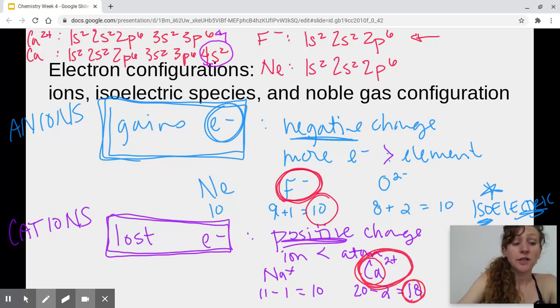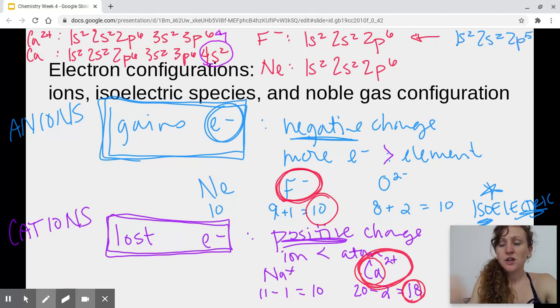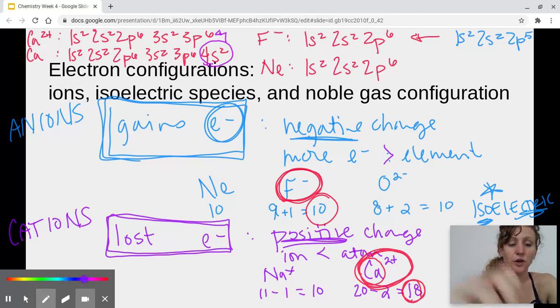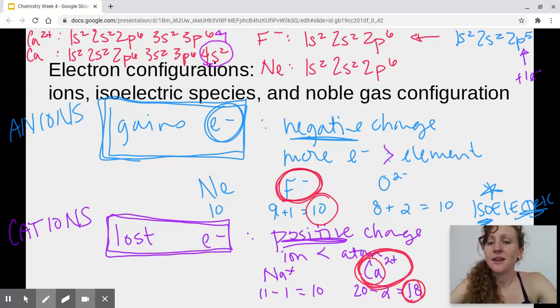Same thing with fluorine. We can compare fluorine to the fluoride ion. Fluorine is 1s2, 2s2, 2p5. So in the case of fluorine, we're actually going to add 1 electron, and then that will get us to the ion's configuration. So you will always be able to see from the atom to the ion where it has gained or lost electrons.